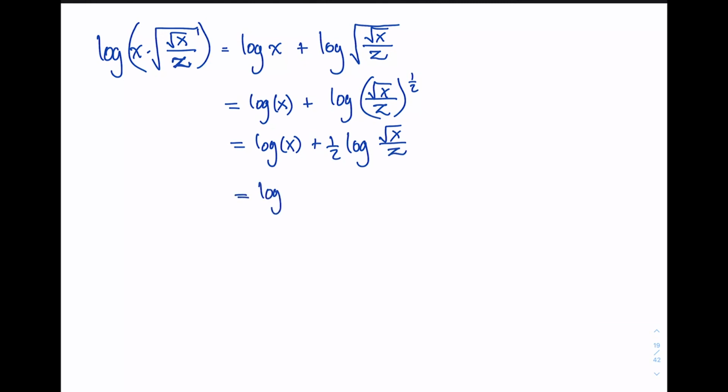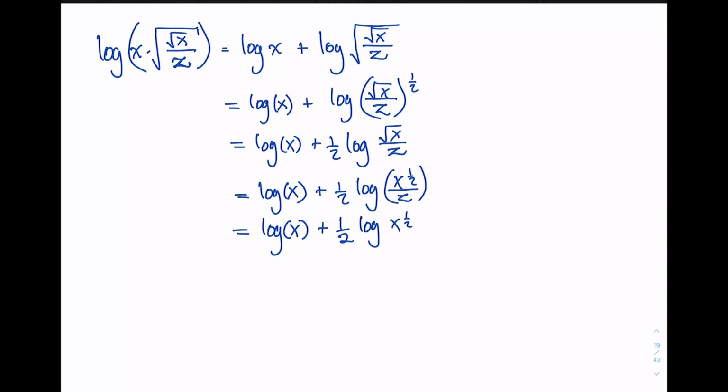This is the same as log x plus half log x raised to the half power divided by z. So we can recognize that this is a quotient. This then becomes the log of x plus half log x raised to the half power minus half log z. No, I think I definitely messed up there.